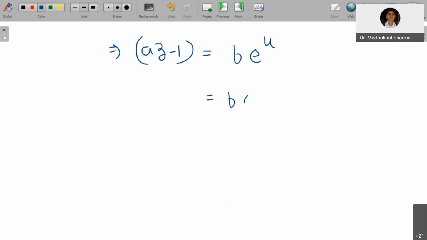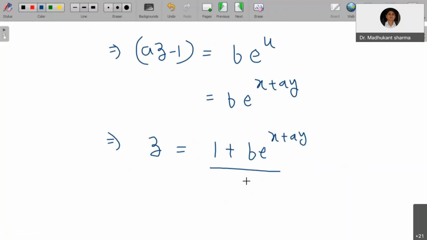So that's equal to b times e to the power x plus a y. So you can also solve this: z equals 1 plus b times e to the power of this, a and b arbitrary constants, at least a should not be 0. If it's an arbitrary constant, it will never be 0.